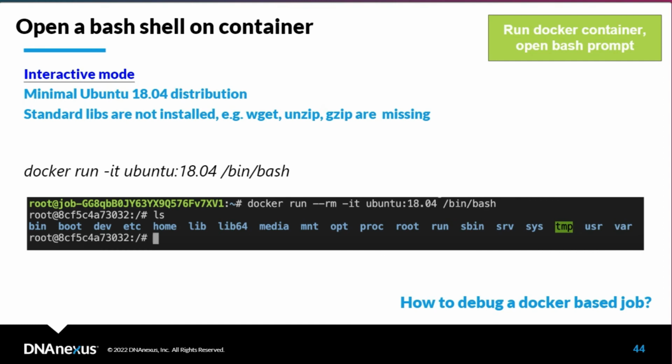So you can debug your tools by running interactive mode, just like jumping into the container and seeing what is happening there. Or for debugging jobs, you can run the dx watch command, or you can connect to your jobs via dx ssh. So for those who are interested, I would recommend to study the documentation of dx watch and dx ssh.